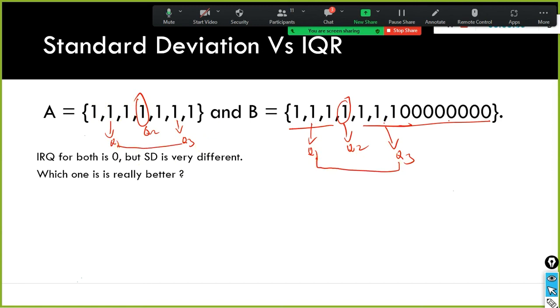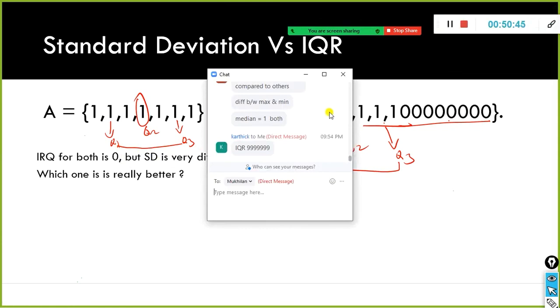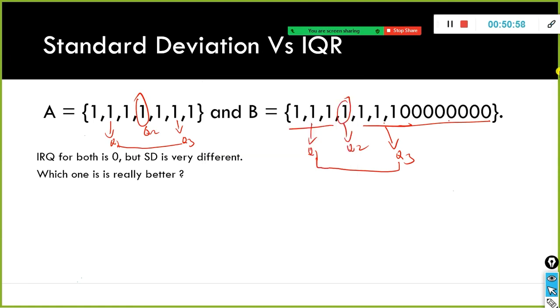All of you type it in the chat window, so that I can make sure you are all watching. Okay, very good, Karthik. Karthik typed the value itself, Q1 is equal to 1, Q3 is equal to 1. Yes, what is IQR here? Mala, very good. So Q3 minus Q1.